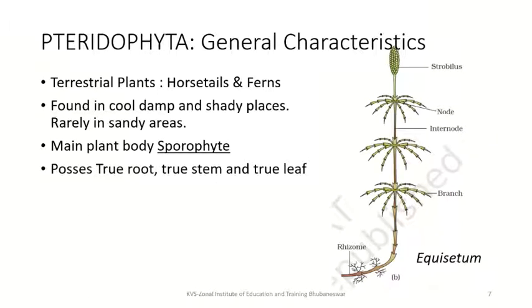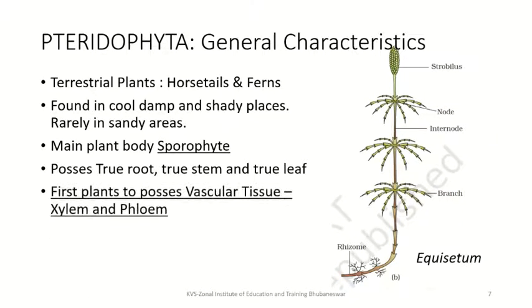So they possess true root, true stem and true leaf. These are the first plants to possess vascular tissues, that is xylem and phloem, and that is why they are able to survive on land. The common examples are Selaginella, equisetum, fern and salvinia.